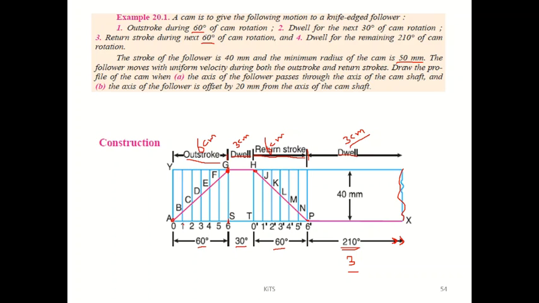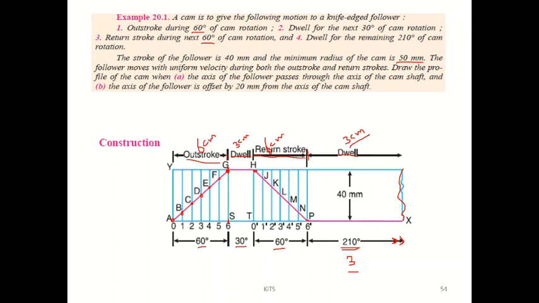This line and this line cutting point, that is B. This line and this inclined line cutting point C. Third line and inclined line cutting point D. Fourth line and inclined line cutting point E. Fifth line and inclined line cutting point F. This is G. This is H.